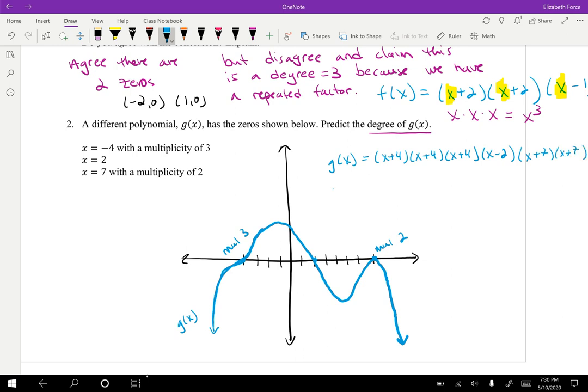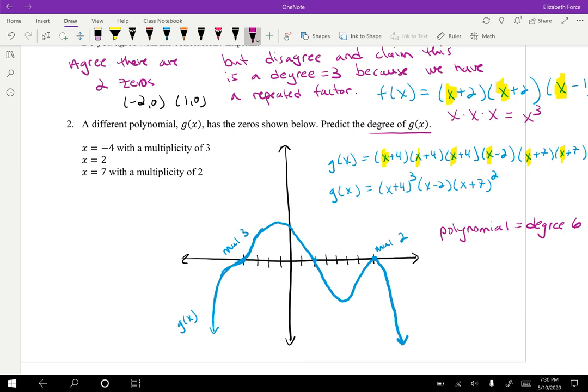If I were to condense that, you would write it as x plus 4 to the third power, x minus 2, and then x plus 7 to the second power. So the top one's its expanded form, and the bottom one is its condensed form. And 1, 2, 3, 4, 5, 6. So there's my degree. This is a polynomial of degree 6.